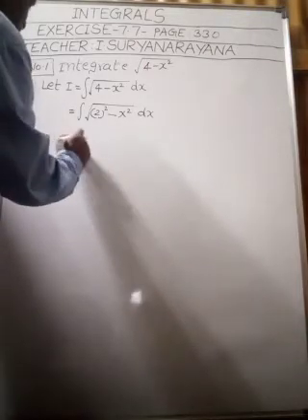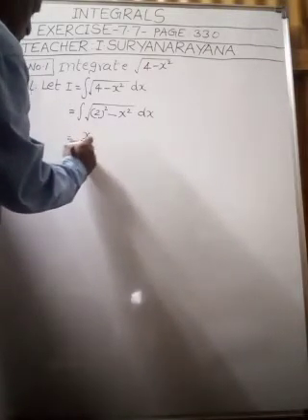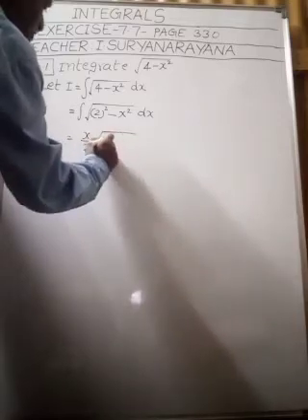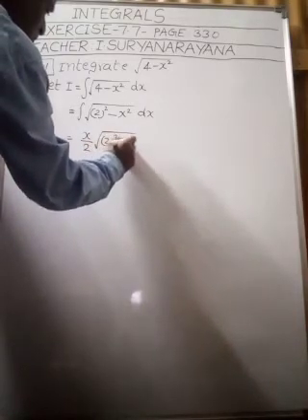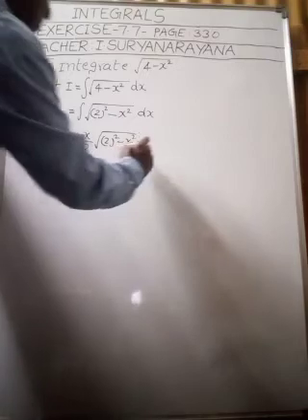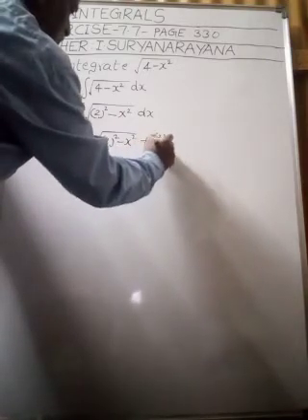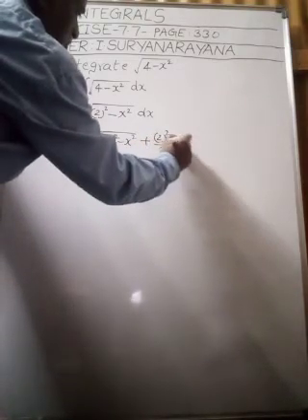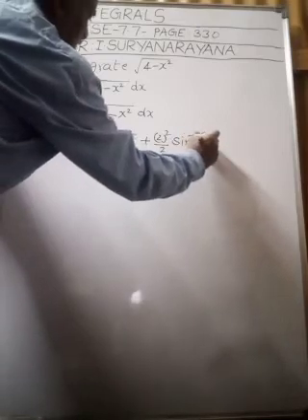What is the formula? X by 2 root of a square minus x square plus a square by 2 sine inverse of x by a.